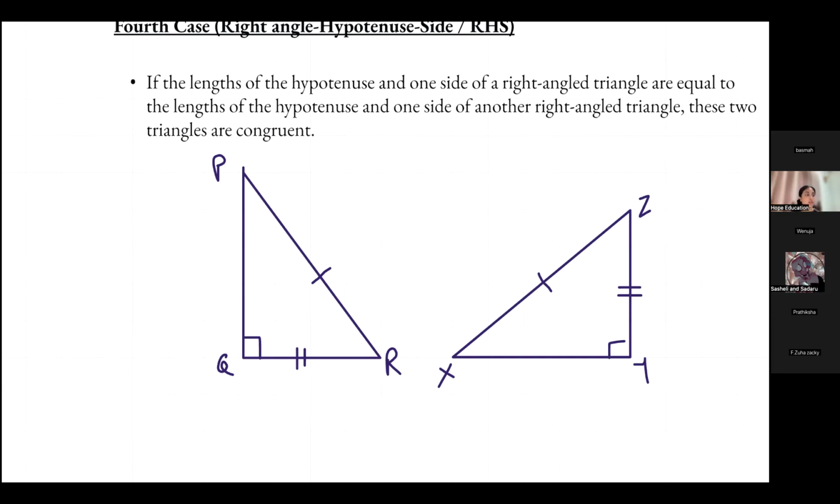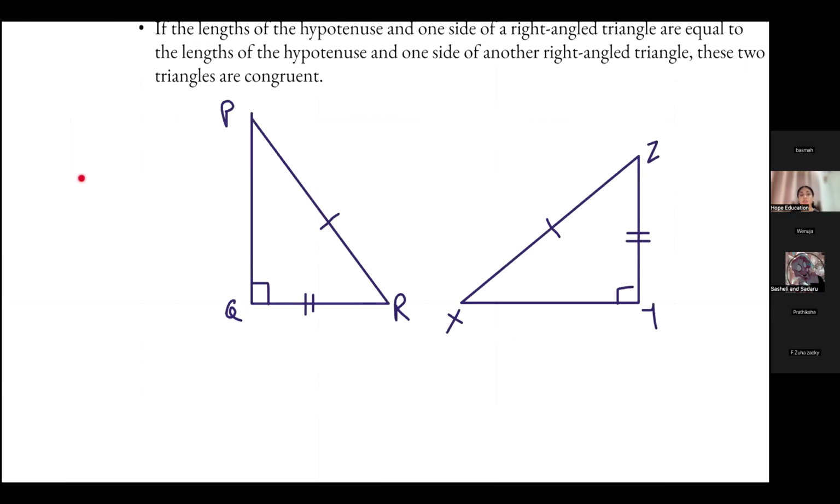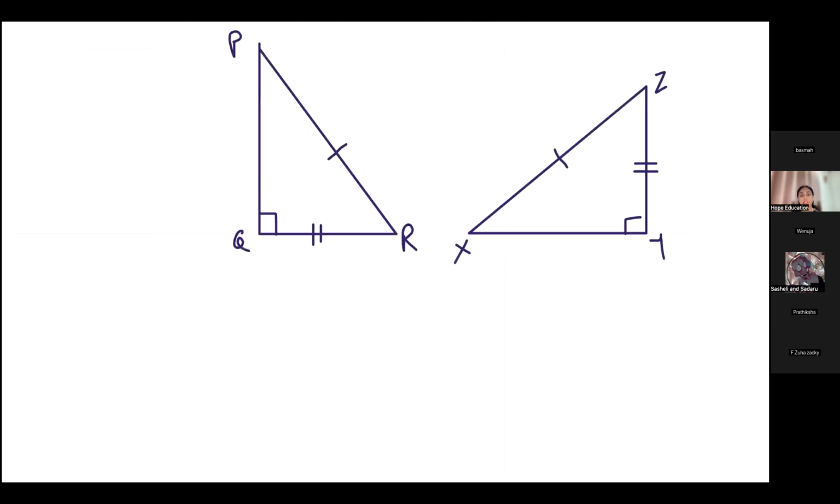Okay. So, let's write. Let's put the two triangles, triangle PQR and triangle XYZ.